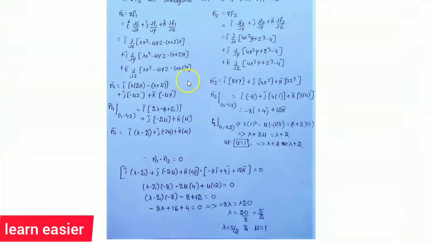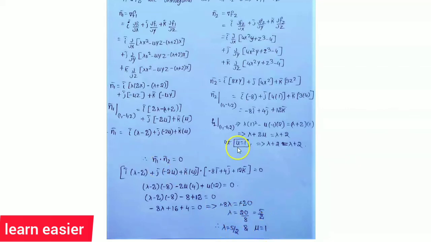So what we have done: we took the functions f1 and f2, and we found the normal vectors n1 bar and n2 bar, n1 bar at one point and n2 bar at the other point, and finally we took the dot product of the two normal vectors, and after the dot product we get the value lambda equal to 5 by 2 and mu is 1.